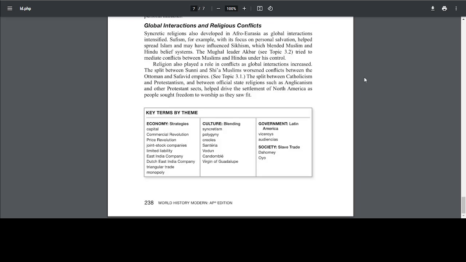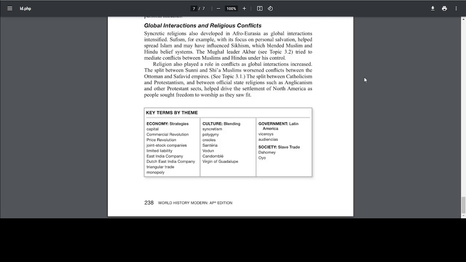Key terms by theme. Economy and strategies: capital, commercial revolution, price revolution, joint stock companies, limited liability, Dutch East India Company, triangle trade, monopoly.